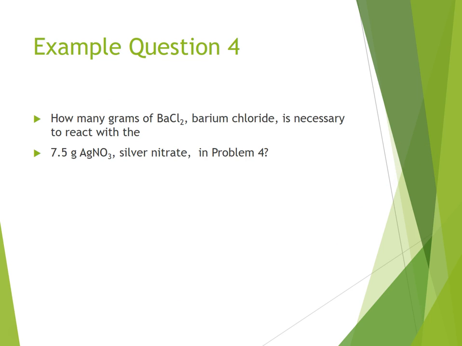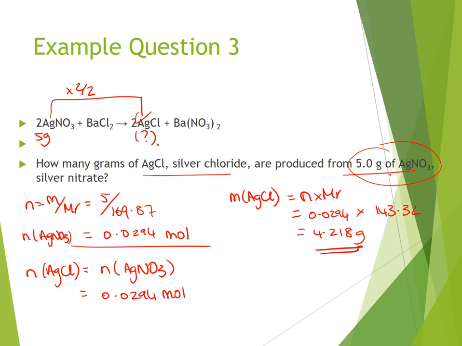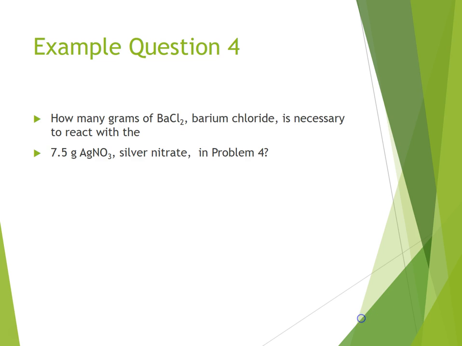Okay, so it's asking us now how many grams of barium chloride is necessary to react with the silver nitrate from over here. So now we're looking for this one. Okay, so we've still got 2AgNO3 reacting with BaCl2 to give us 2AgCl plus Ba(NO3)2.